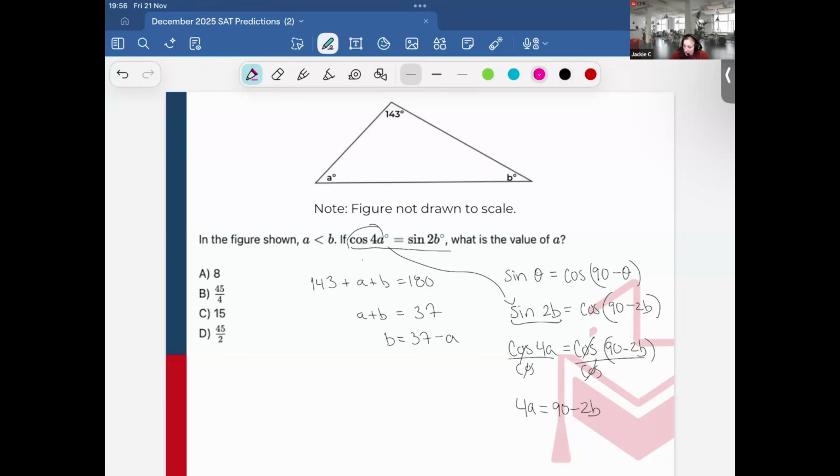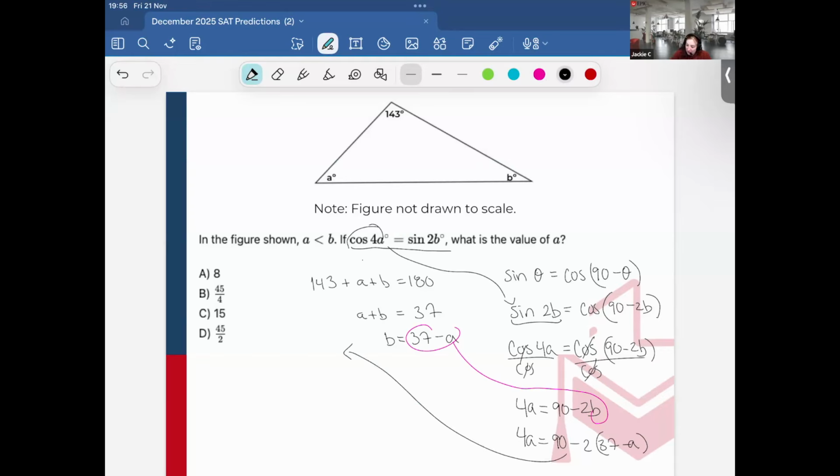And earlier I found what b was equal to, so we can substitute that in here. Then we can say that 4a is equal to 90 minus 2 multiplied by 37 minus a. Running out of space, I'm going to move this over here so you guys can all see my amazing work.